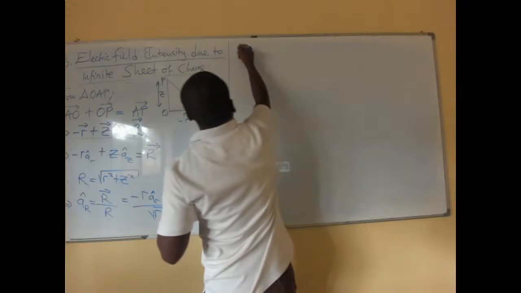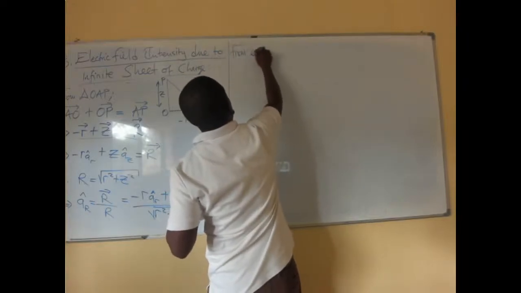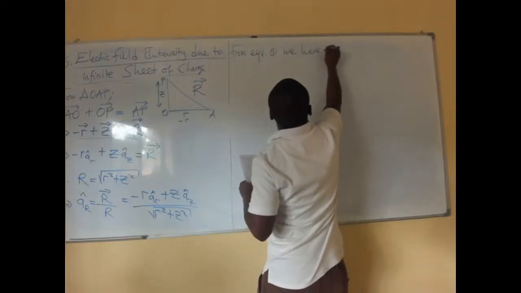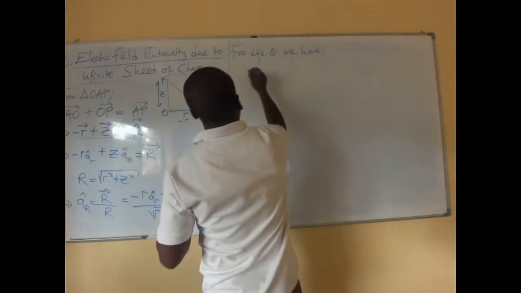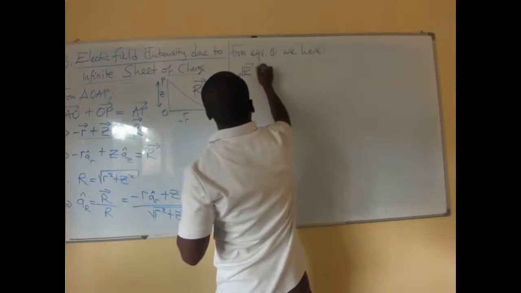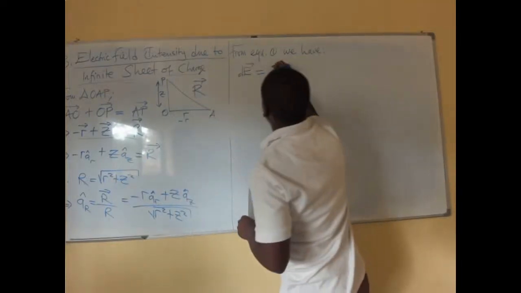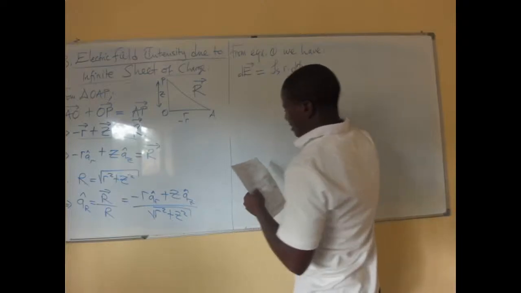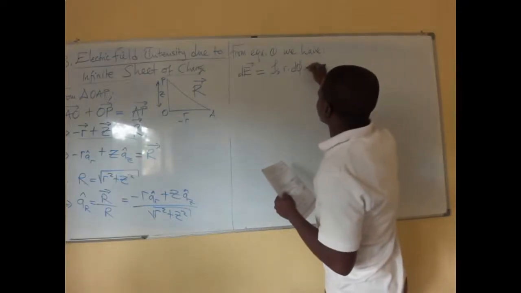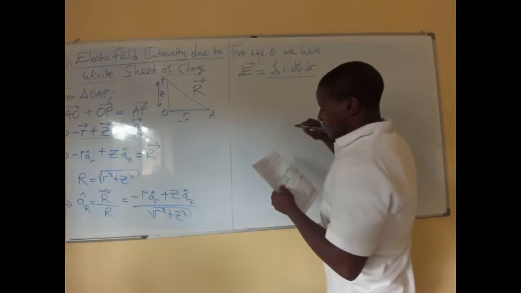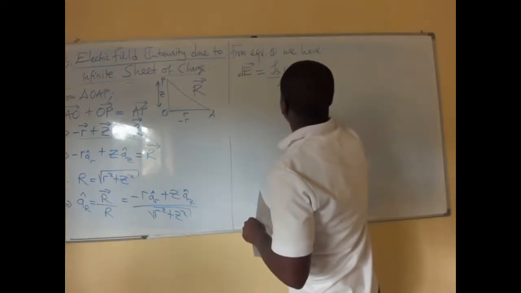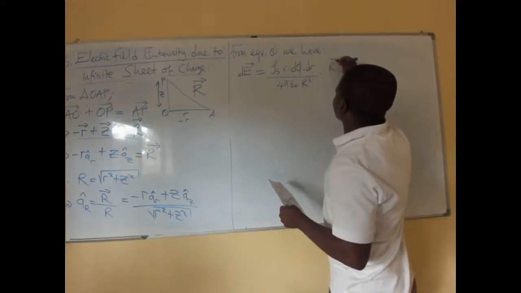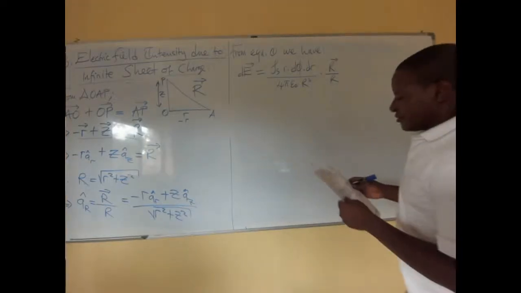We have dE, which is equal to the surface charge density multiplied by the radius, multiplied by the displacement in the phi direction into dr, all this divided by our constant 4 pi epsilon 0 r squared. We are multiplying this by r over r.